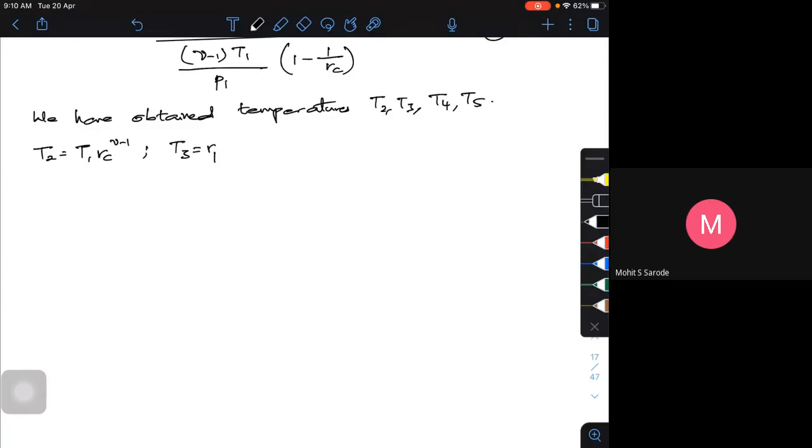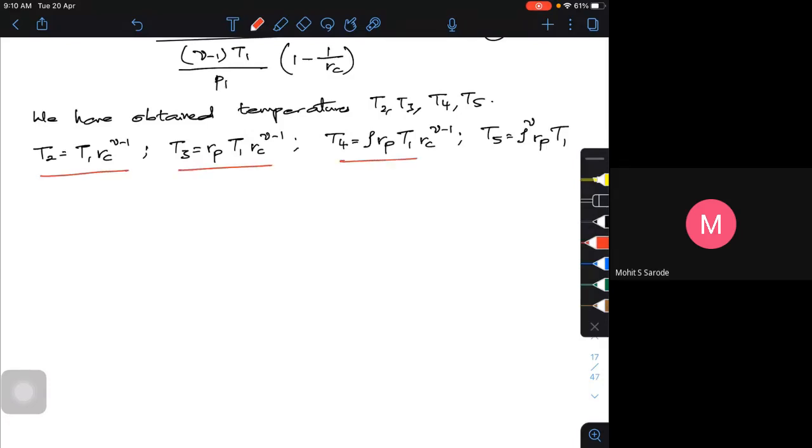T3 is equal to the pressure ratio Rp into T1 into Rc to the power of gamma minus 1, and T4 is equal to rho into Rp into T1 into Rc to the power of gamma minus 1, and T5 is equal to rho to the power of gamma into Rp into T1. All these temperatures we have obtained earlier. I am going to use these expressions here.